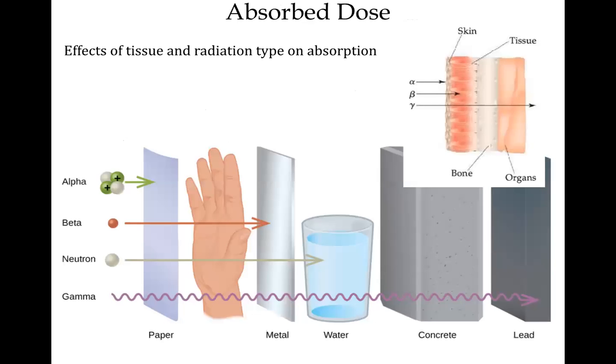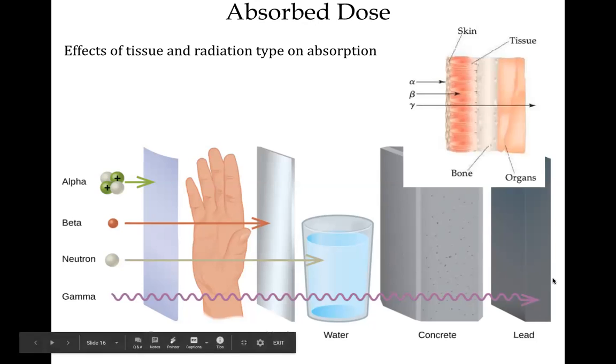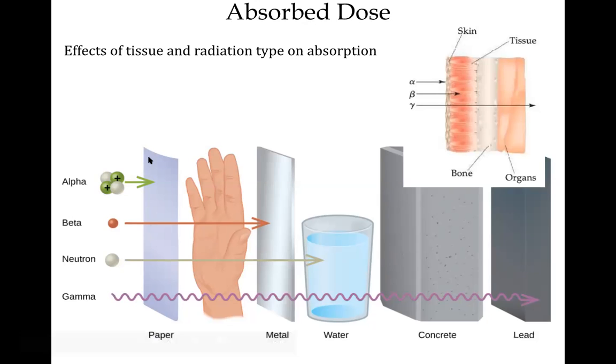And remember, when we talked about the different types of radioactive particles and rays, we said that they had different levels of penetrance, right? So alpha particles can be stopped with pretty much just a sheet of paper, okay? Whereas beta particles, depending on the graph you're looking at, can either go straight through your hand or can at the very least go through your skin into the meat, right?